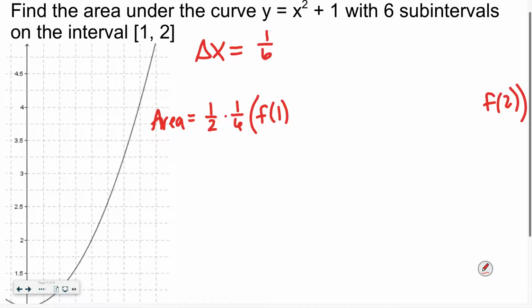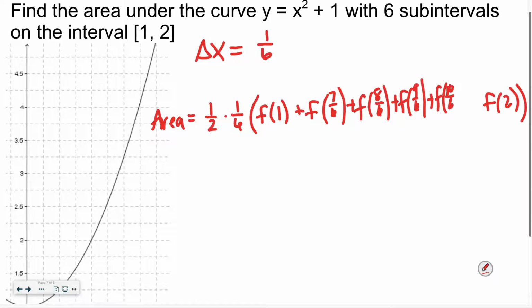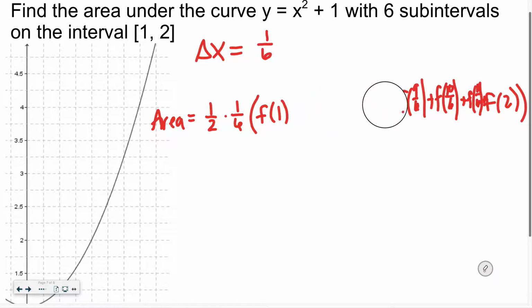Okay? So since delta x is 1/6, then our next base would be at 7/6. Our next base would be at 8/6. Our next base would be at 9/6. 10/6. Mrs. Hellman, time out.